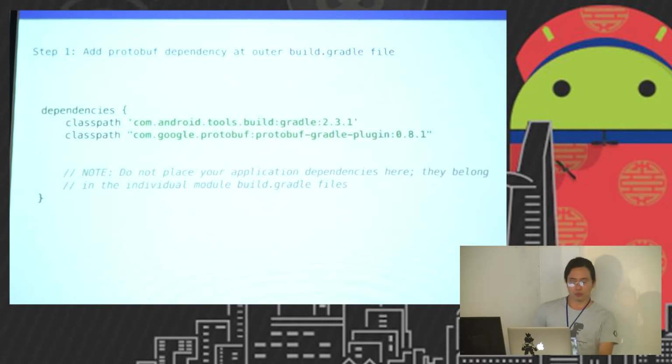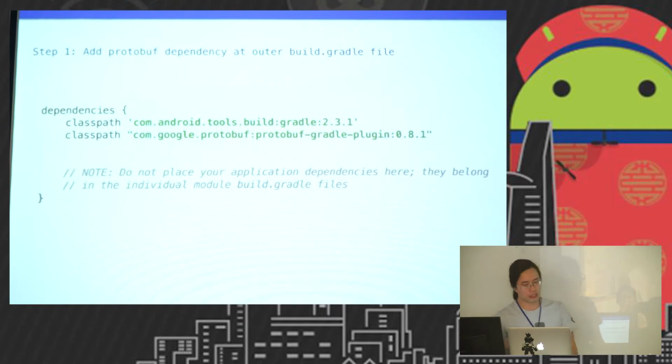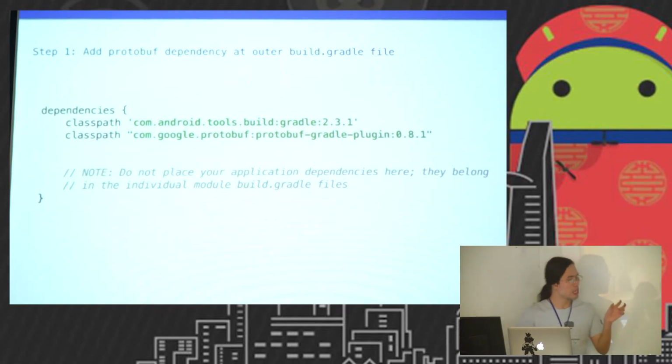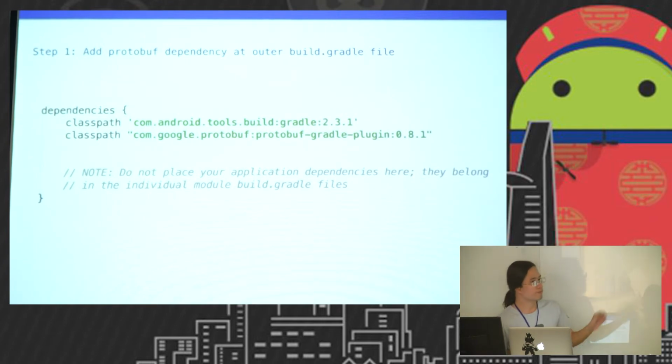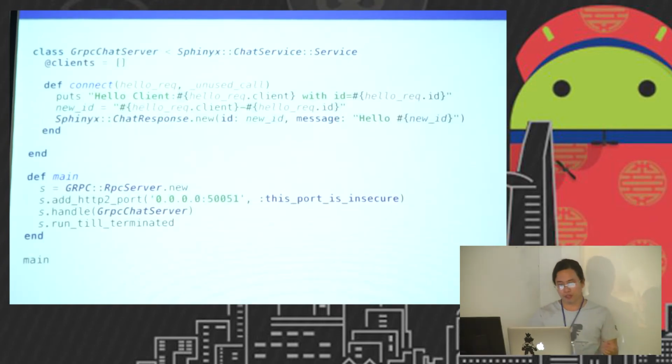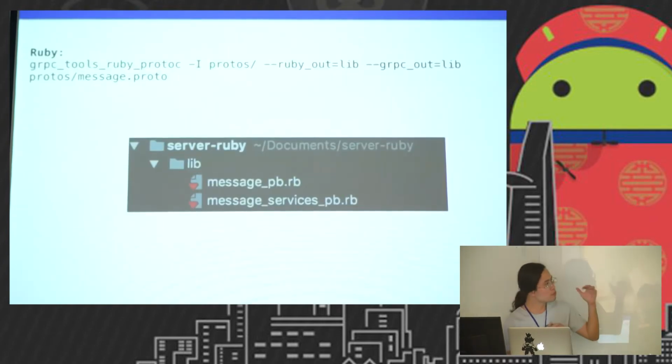So now we will come to the Android part. Firstly, in the build.gradle file, we define the Protobuf Gradle plugin. Why do we use that plugin? As I said before, at this step we must generate the Protobuf file into your language.